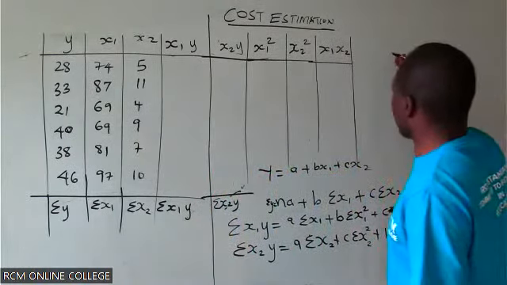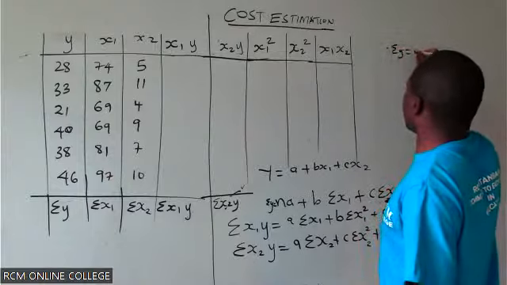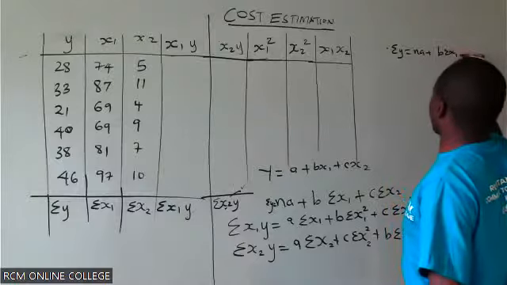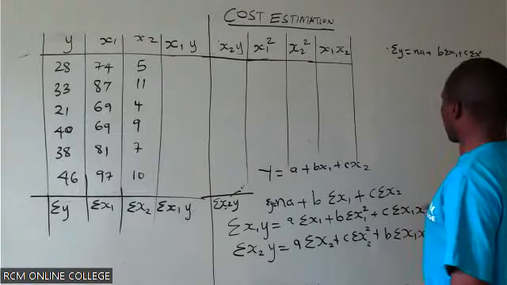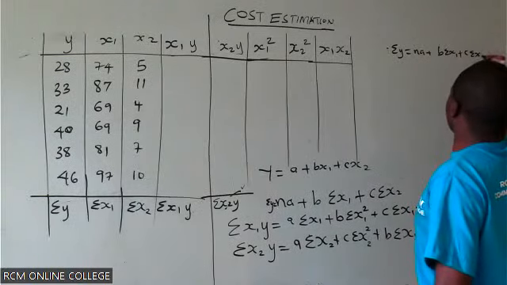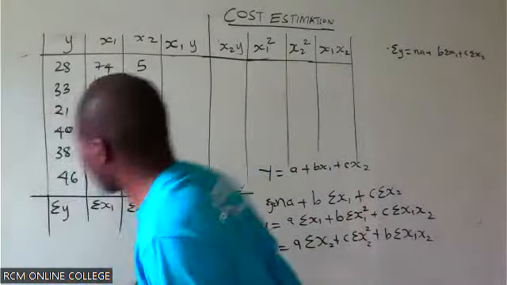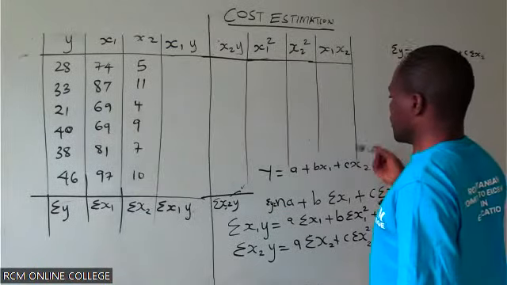Let me put this one here for you. Summation of Y is equal to NA plus B, summation of X1 plus C, summation of X2. Then I will go to summation of X1Y.